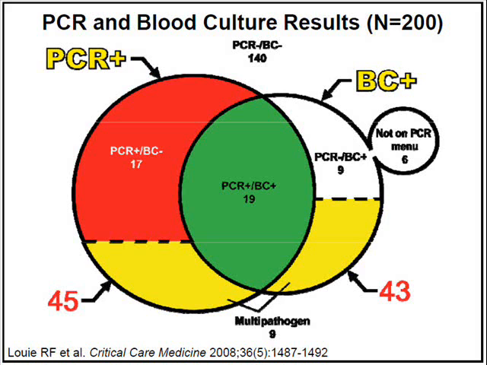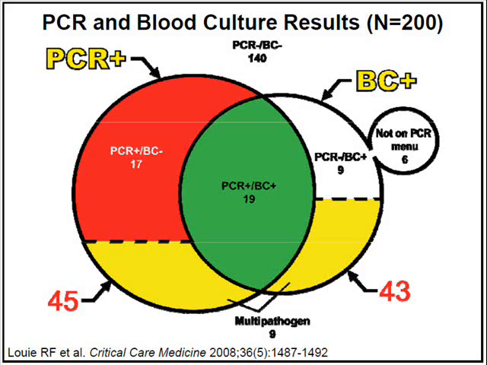The large circle on the left represents the number of PCR positive samples, and on the right, the number of blood culture positive samples. We observed 19 cases where PCR positive and blood culture positive results were in concordance. They identified the same organisms.